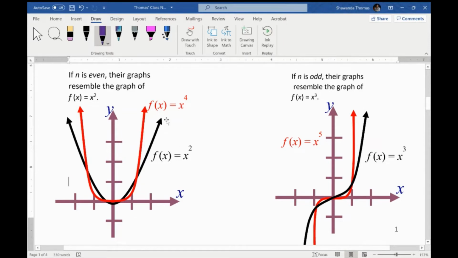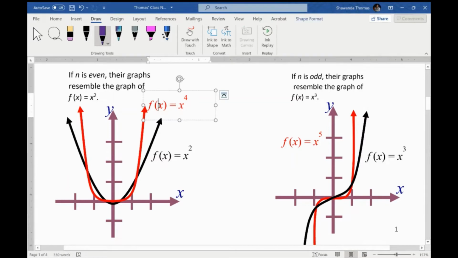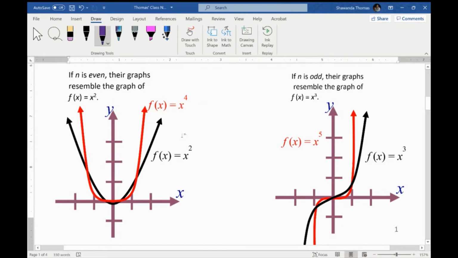Now notice what's in red. What's the degree of this function? 4. Is it an even number? Yes, n is even. It's 4. So it will always resemble the x squared function, because the degree is even.